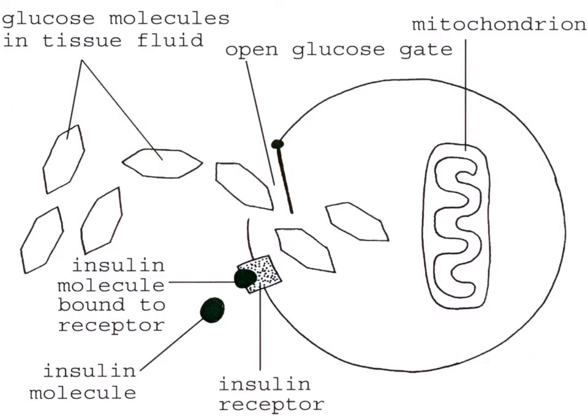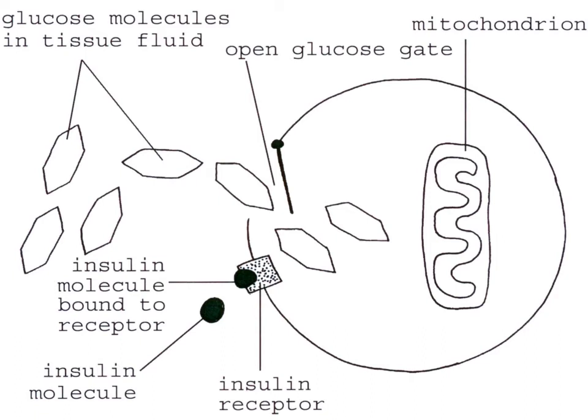Here we're looking at a second hypoglycemic mechanism of insulin. Insulin molecules acting as a signal are fitting into the insulin receptors, and this is facilitating the opening of the glucose gate, actually facilitated by glucose transporter molecules.